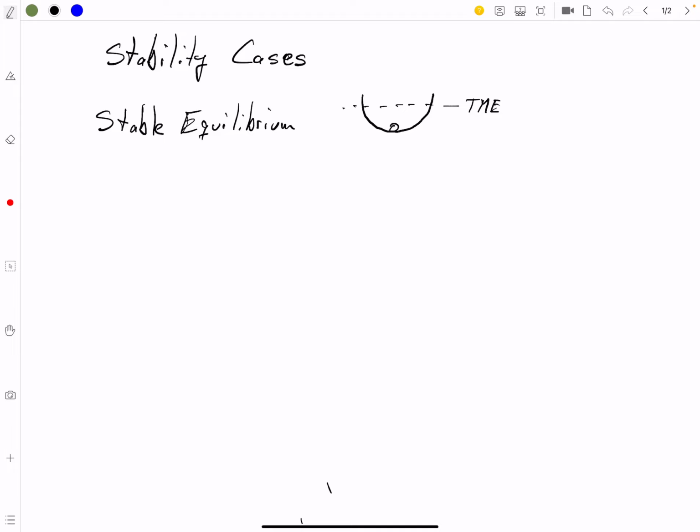Here's our little ball in the bottom, and this is our total mechanical energy, and anywhere from here to here, we are in a stable equilibrium position, okay? Especially here, all right? That means that our V is either equal to a constant or 0, and in our case, V is going to equal 0, okay, in this situation.